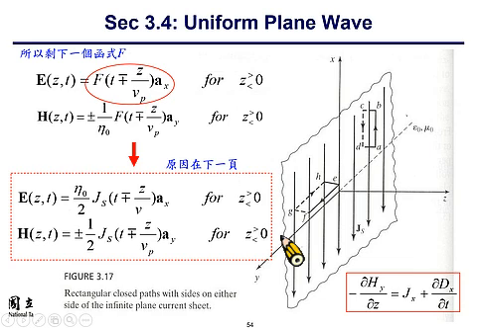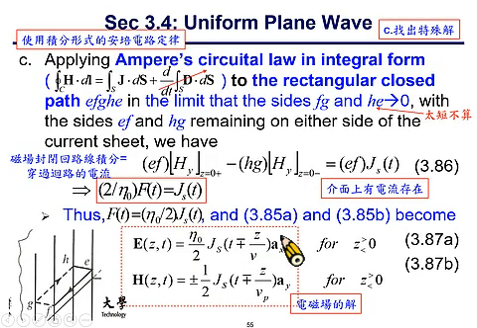So the closed loop integral is reduced to two line integrals at Z equal to 0 plus and 0 minus. Here we have EF times Hy at Z equal to 0 plus, and HG, the path length, times Hy at Z equal to 0 minus.